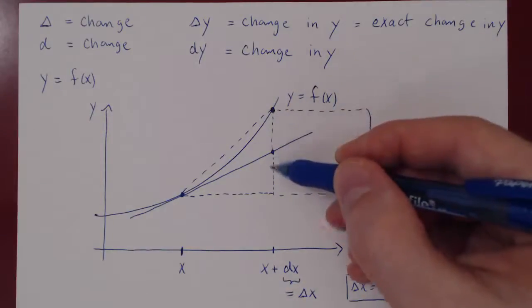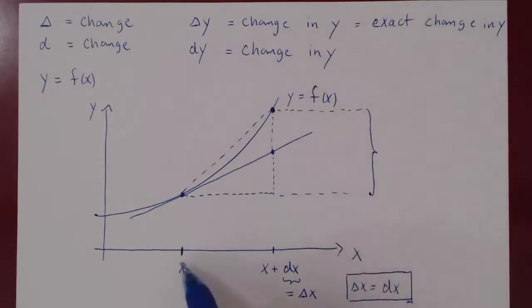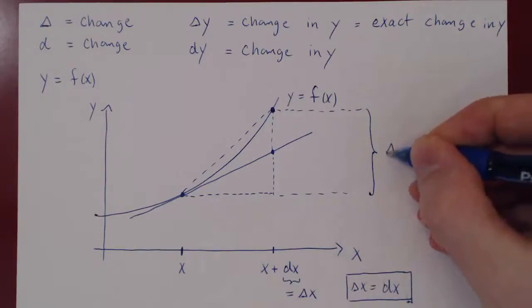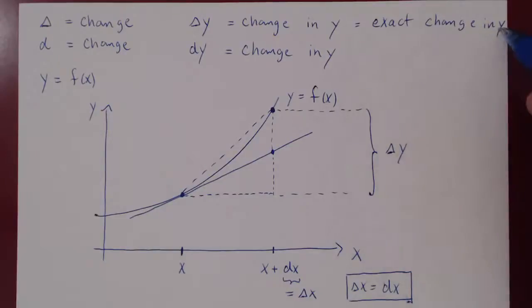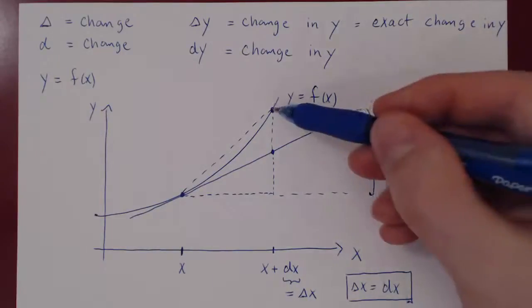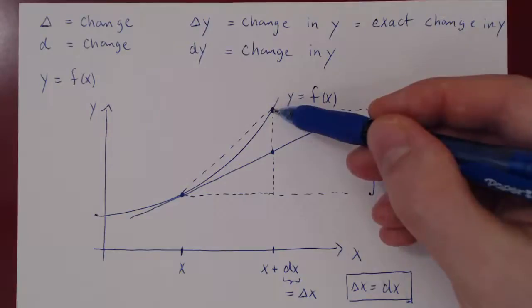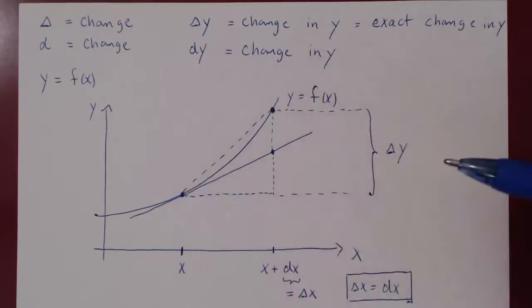So this is the exact change in the function as x changed from x to x plus dx, and that's delta y. So it's the exact change in the function, the final value on the curve minus the initial value on the curve. What is dy now?